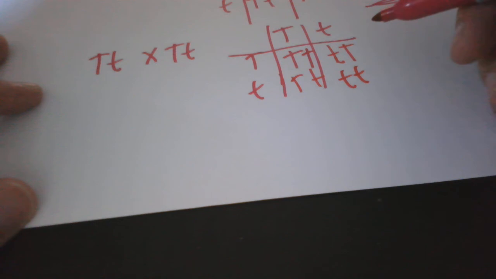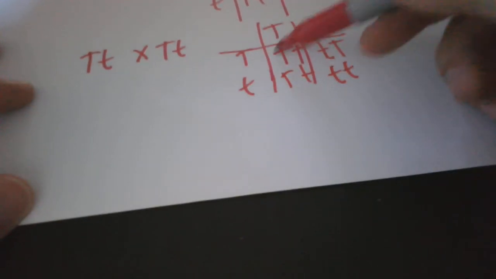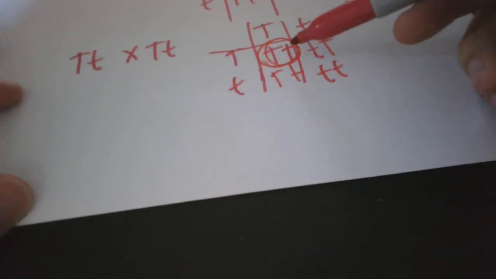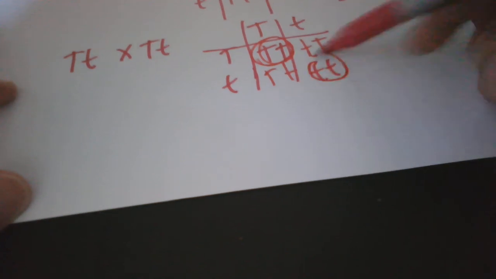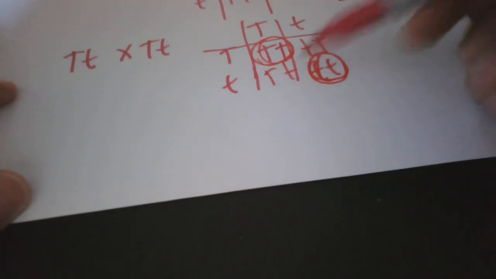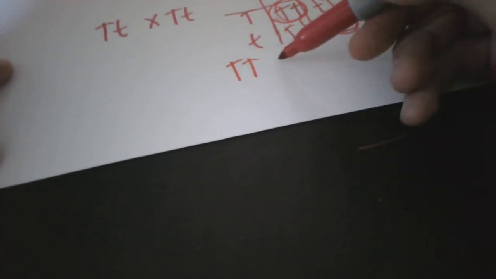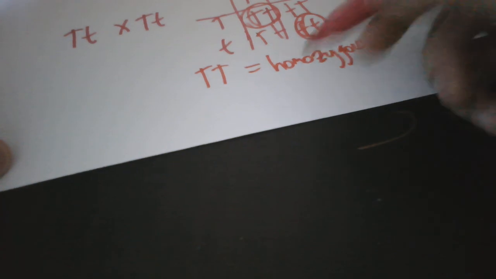And so basically you get one of the offspring is tall, one of the offspring is short, and the rest are medium, right? And I should also mention some new terminology. When you have two capital T's, so when the chromosomes are the same, the tall trait, this is known as homozygous. Homo is the same, right? They're the same, capital T's.